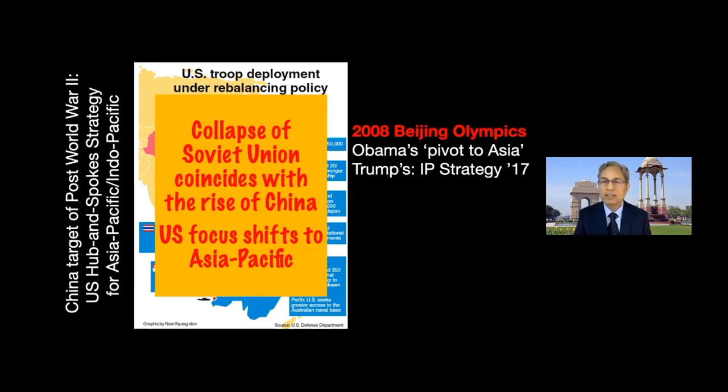President Trump actually launched an Indo-Pacific strategy where he said China is trying to displace United States in this region and we need to do something about it. So he renamed the American Pacific Naval Command into Indo-Pacific Naval Command and expanded its responsibilities also to include part of the east coast of India.